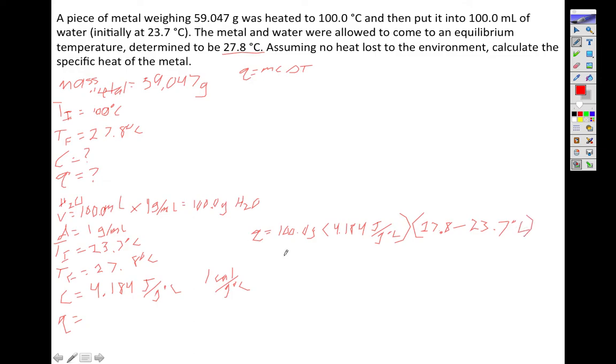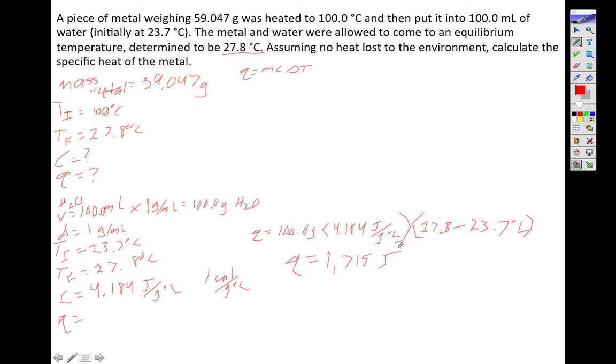Plugging that into a calculator, 100 times 4.184 times 4.1, my Q value is 1,715.44. Based on significant figures, I'm going to use 1,715.